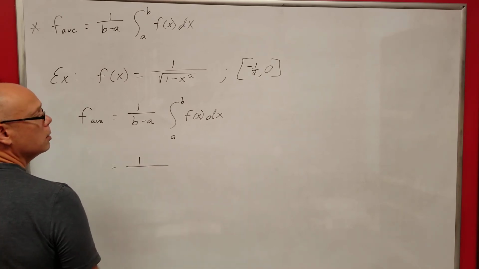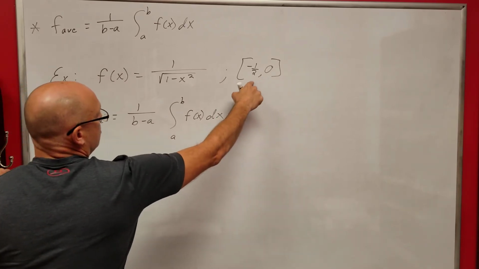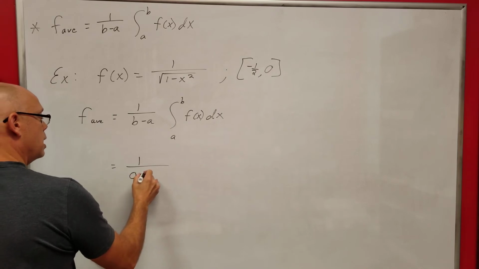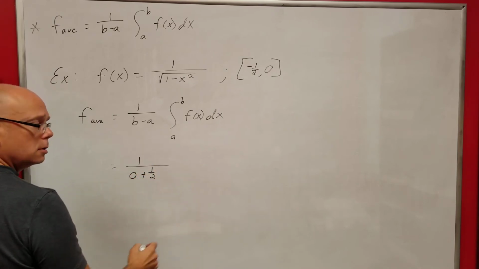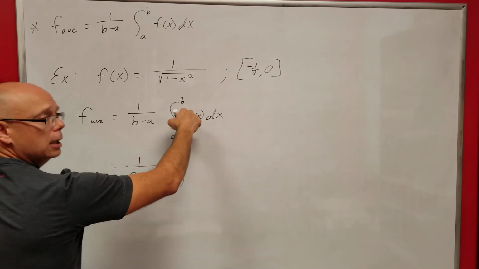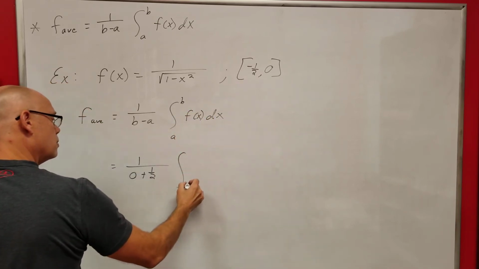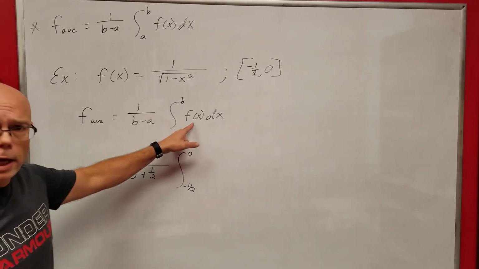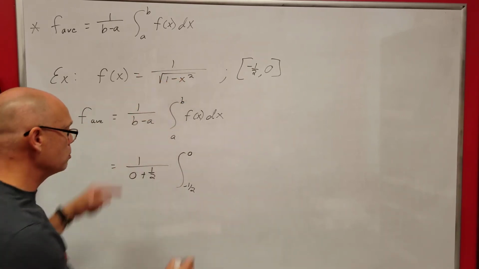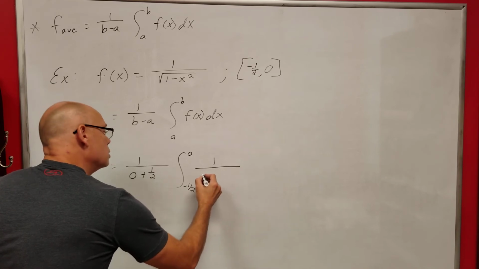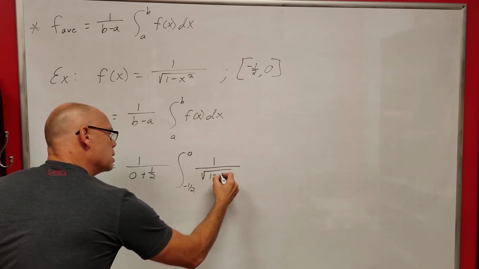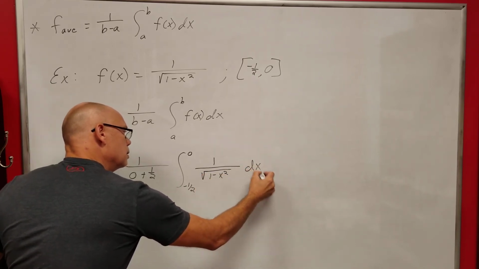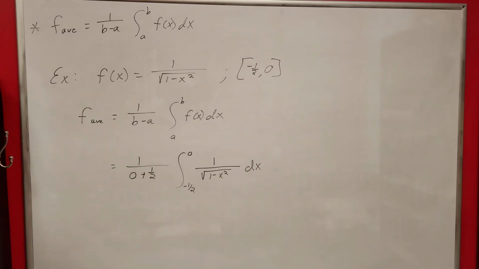So that's 1 over b minus a, so 0 minus negative 1/2, times the integral from negative 1/2 to 0 of f of x, which is this function, 1 over the square root of 1 minus x squared, and then put your dx on the end. All I have to do is calculate that and have my average value. Let's do so.